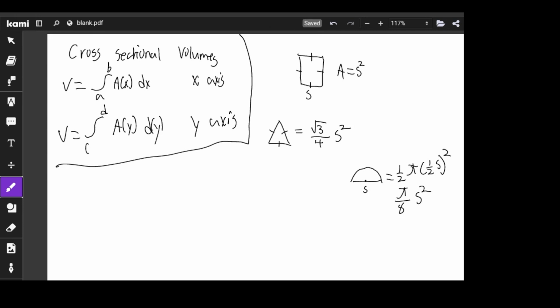Finally, if we have an isosceles right triangle and we know this is S, if the base is the hypotenuse, the area is going to equal 1/4 S squared.